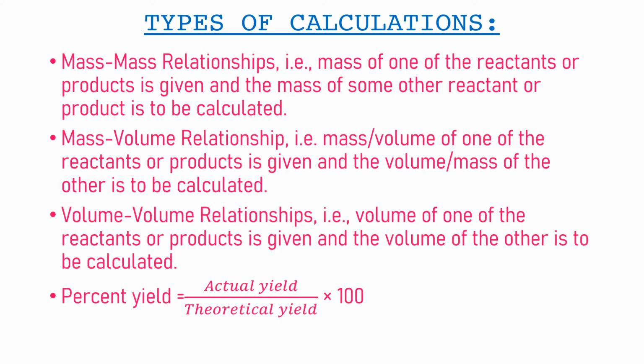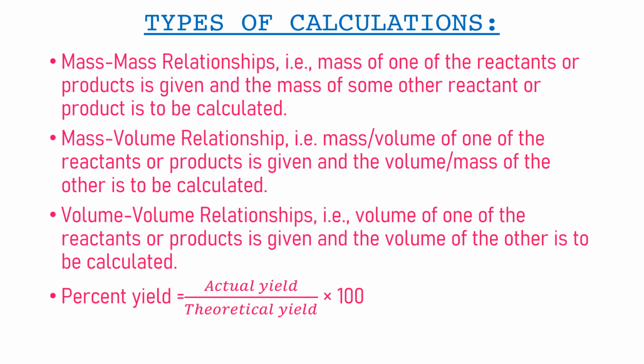We calculate it by dividing the actual yield by the theoretical yield which we calculate through the reaction. For the general method of calculation for all the problems of this type, consider the following steps. First you write the equation, then write the balanced form of the equation, and then write the relative numbers of moles or the relative masses of the reactants as well as the products.